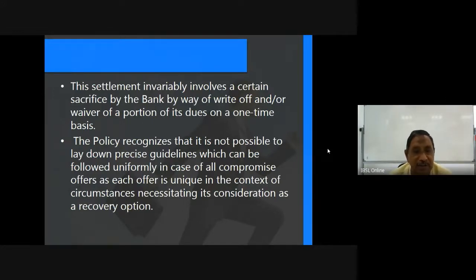Therefore, it is sometimes called one-time settlement. The policy recognizes that it is not possible to lay down precise guidelines which can be followed uniformly in case of all compromise offers, as each offer is unique in the context of circumstances necessitating its consideration as a recovery option.